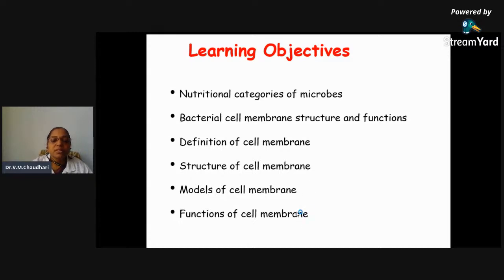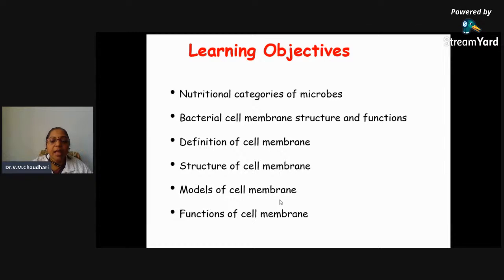Because the cell membrane is related to the transport of various nutrients from the outside environment into the inside. This process takes place with the help of the cell wall and cell membrane.